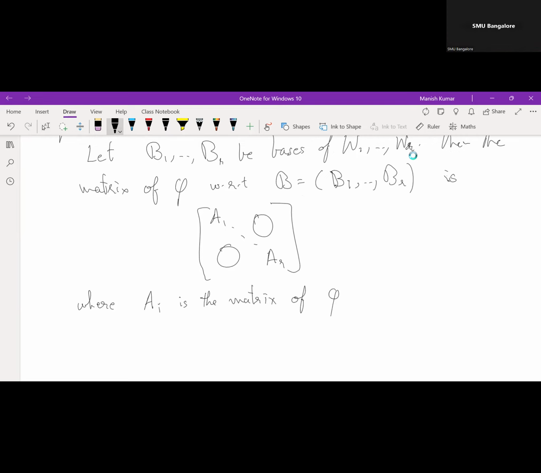Phi restricted to WI. Yes, AI is the matrix of phi restricted to WI with respect to the basis BI. So this is straightforward.